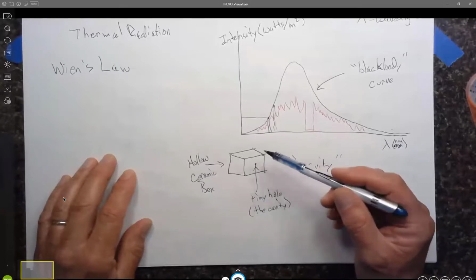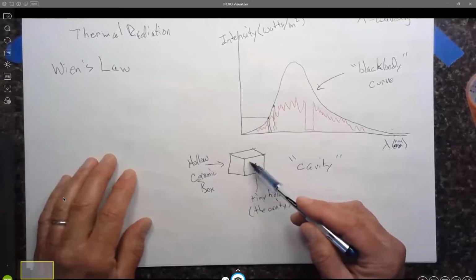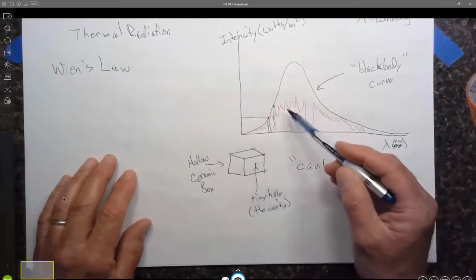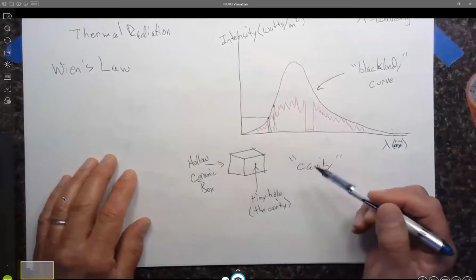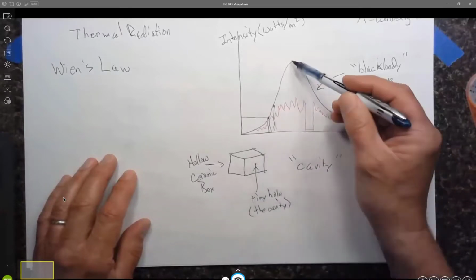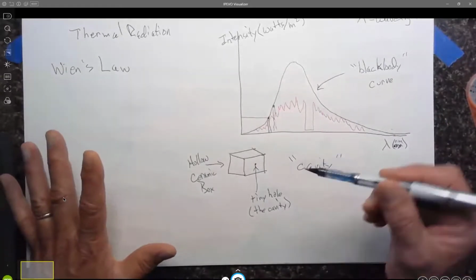And if you looked at the thermal radiation curve from the glowing ceramics themselves, the body of it, it'd make one of these red lines like this, not such a perfect emitter. But when you study the light that's coming out of that tiny hole, it traces out the perfectly smooth curve. And here's something else that's crazy.